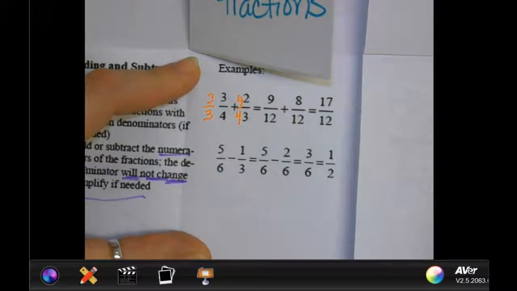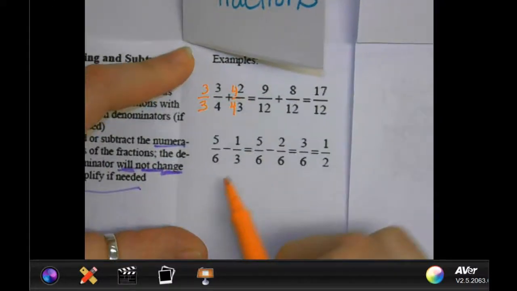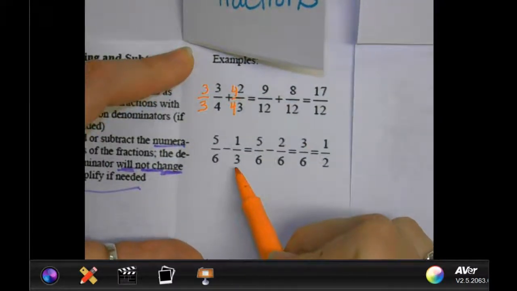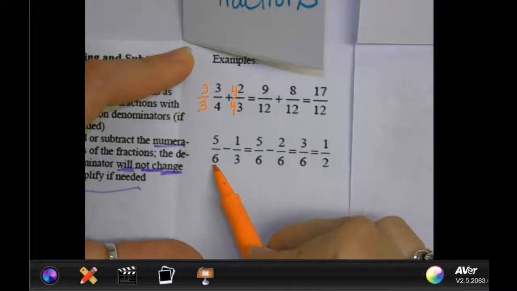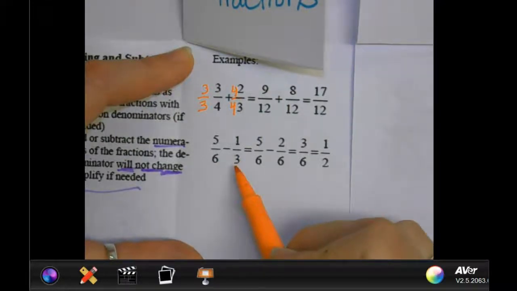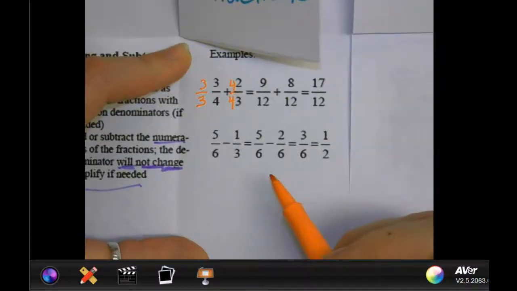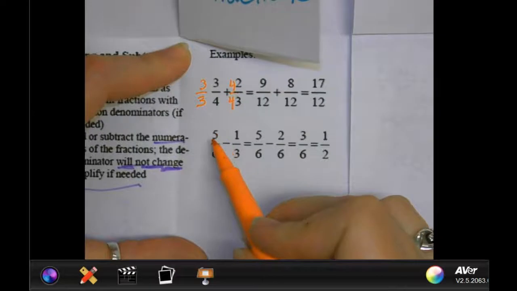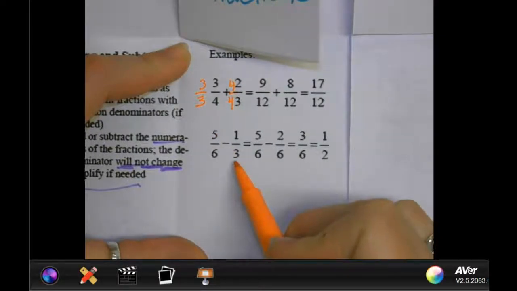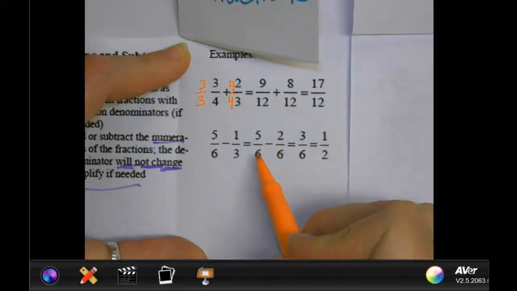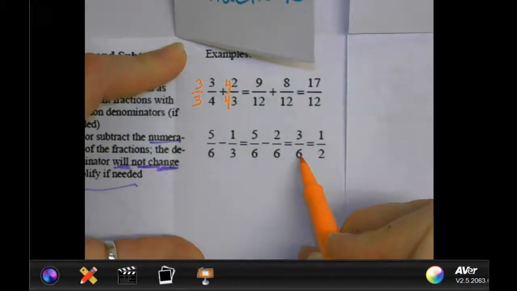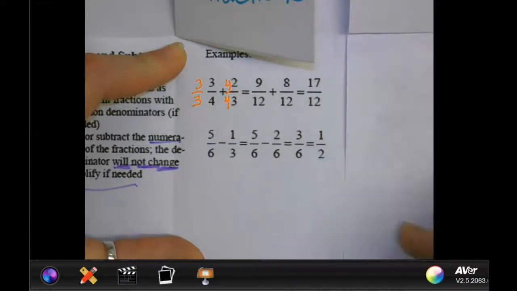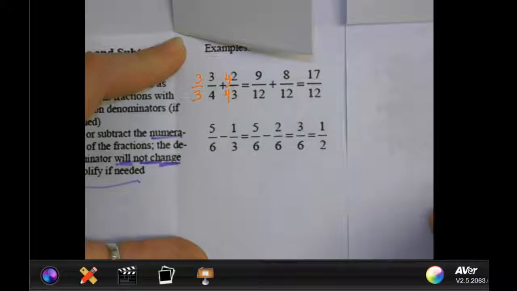So 5/6 minus 1 third. I don't need to change the 6 because my common denominator can be 6. In order to get there, I have to multiply by 2, which means that has to be the same in the numerator. Then when I subtract, that gives me 3 over 6, and then you have to reduce. If you have any questions, please let me know. Everybody good with that?